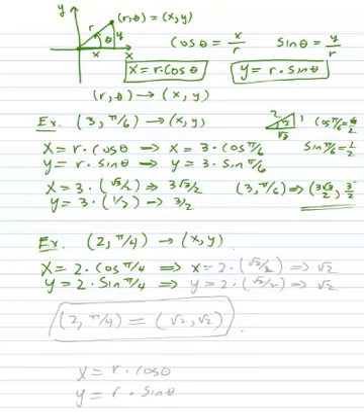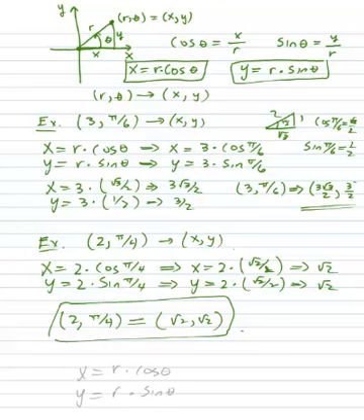So x is 2 times the square root of 2 over 2, which is the square root of 2. And y is 2 times the square root of 2 over 2, which is also the square root of 2. So the polar point 2 comma pi over 4 is equivalent to the rectangular point square root of 2 comma square root of 2.